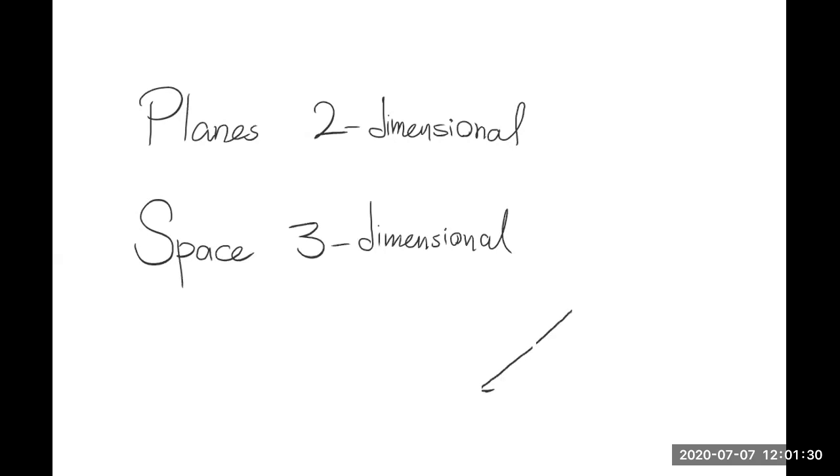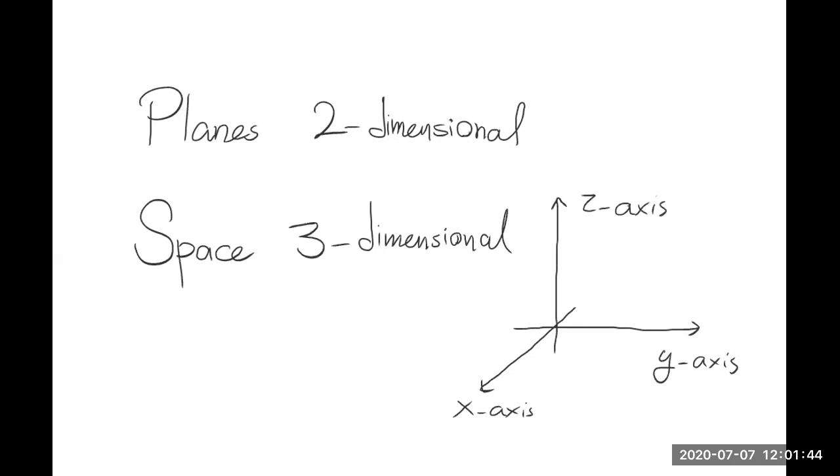There is the x-axis, there is the y-axis, and then there is the z-axis. There are three directions. And for any point like P, we need three numbers to locate P in this space.